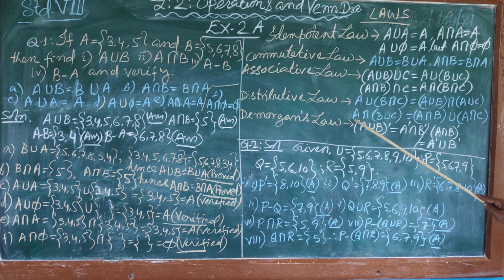Similarly, A intersection (B union C) will become (A intersection B) union (A intersection C). Understood? Go through it slowly, you will understand. You are distributing this one with this, and this whole you are distributing with this, and the sign remains unchanged. Then this whole you are distributing with this.